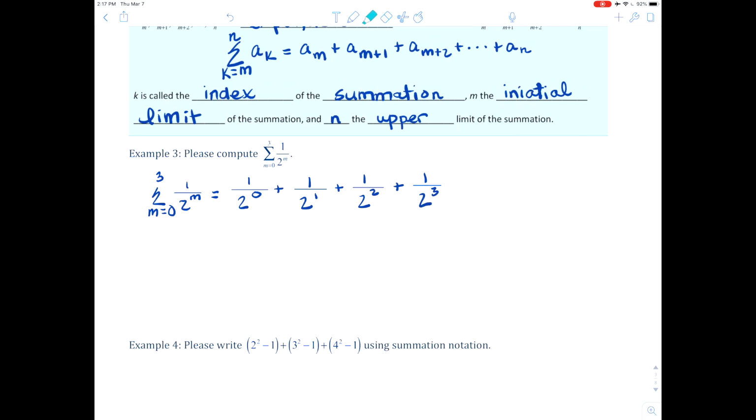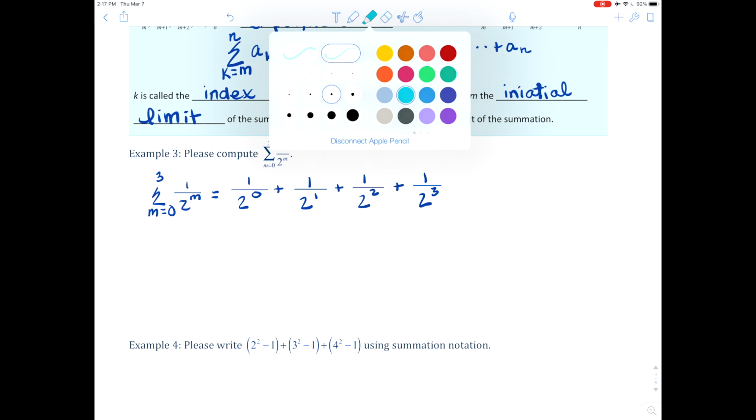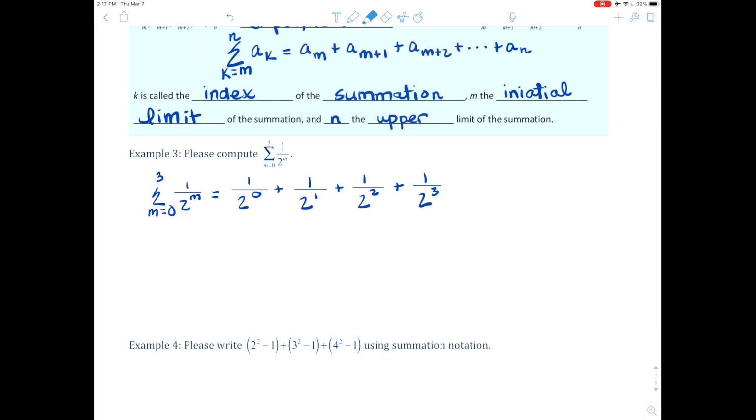So I'll just highlight what was going on here. Yeah, I did that for term, didn't I? So the 0 here is the initial limit of the summation. Cool.